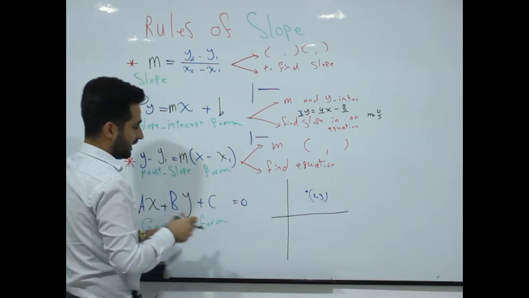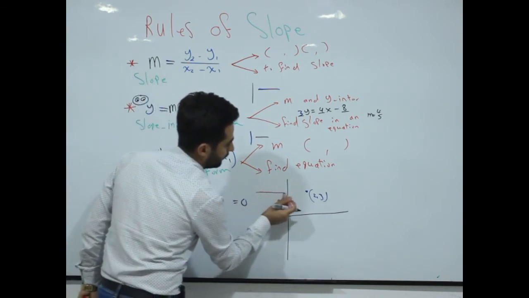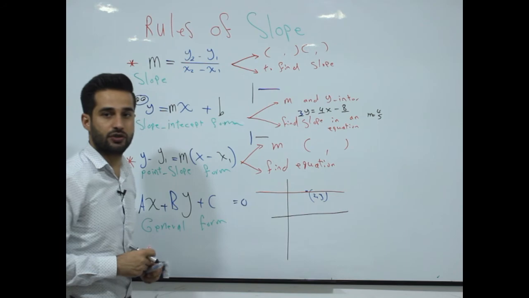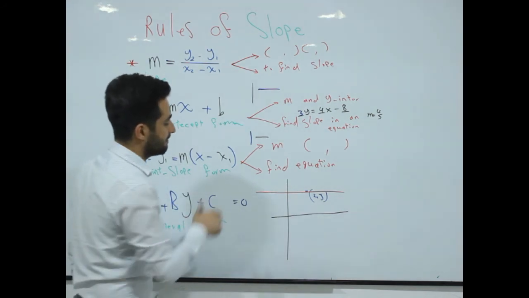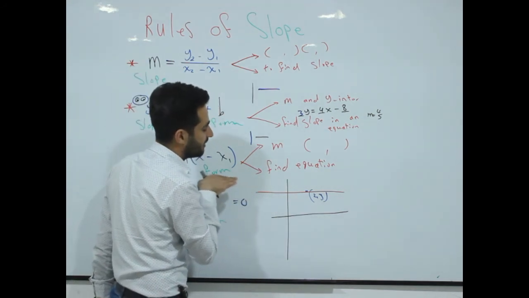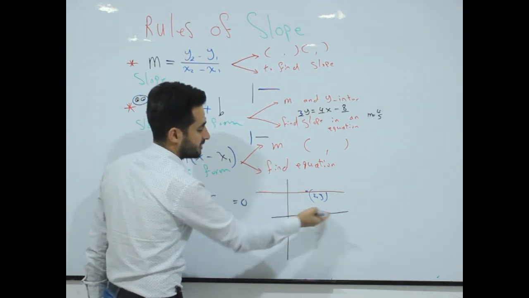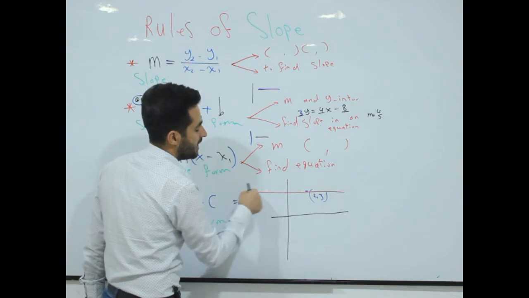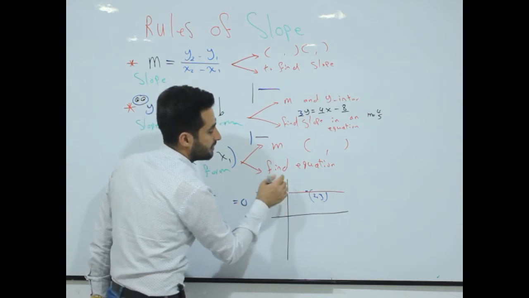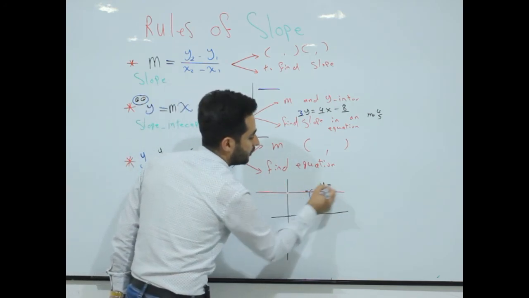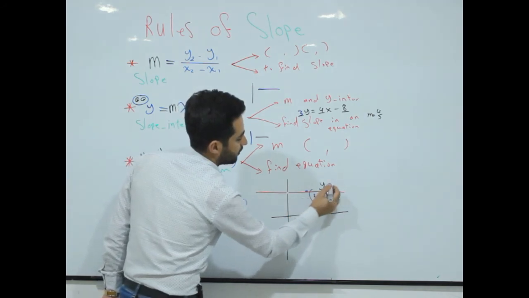Find the equation of a line that passes through (2, 3) and is horizontal. That's so easy, guys. This red line is passing through which intercept? X-intercept or Y-intercept? It's passing through the Y-intercept. So we can say y is equal to 3.